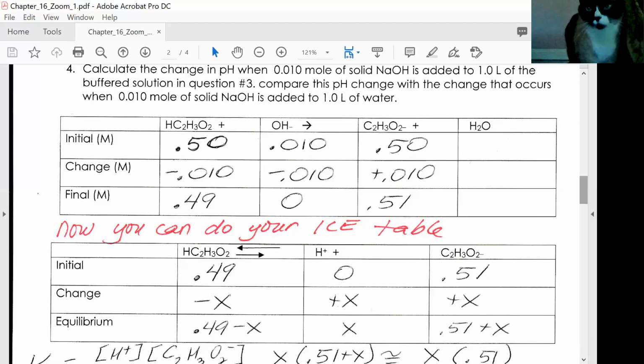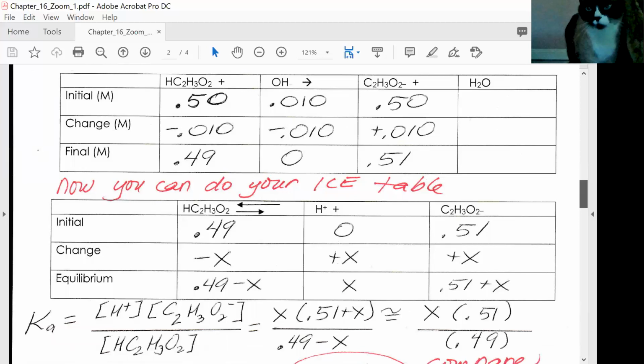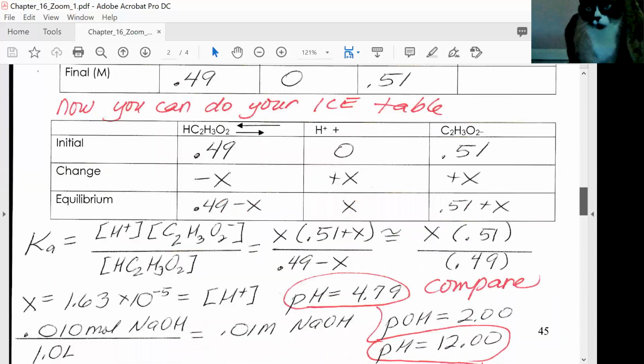Now that you have done your stoichiometry table, you can do your ice table. So your initial for acetic acid is 0.49. Your initial for hydrogen ion is 0. Your initial for acetate is 0.51.